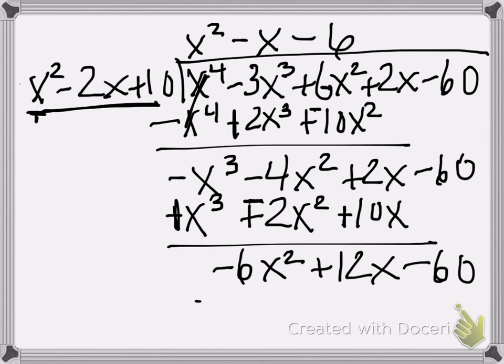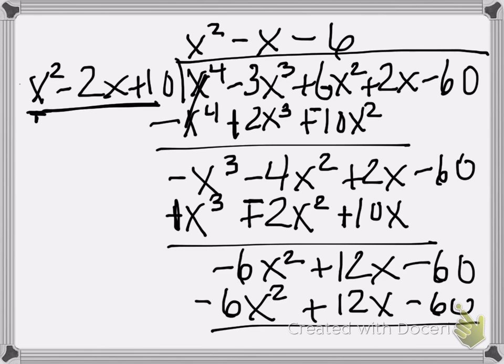Negative 6 times x squared is negative 6x squared. Negative 6 times negative 2x is positive 12x. And negative 6 times 10 is negative 60. And you can see when I draw my line and change my signs, that's a factor. X squared minus x minus 6 is a factor.